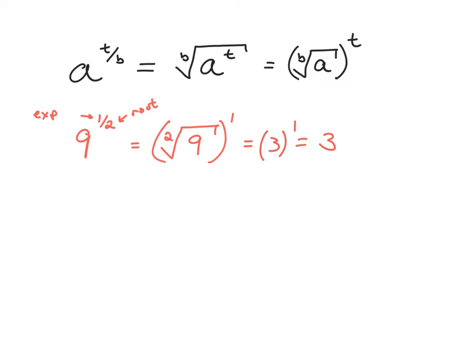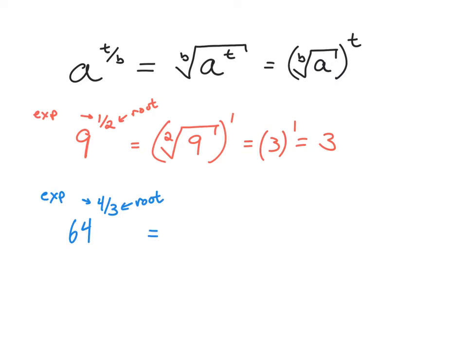And this can be done all sorts of different ways. Like I could put here something like this. Let's say 64 to the 4/3 power. The denominator of the exponent will always be the root. The numerator will be the exponent.